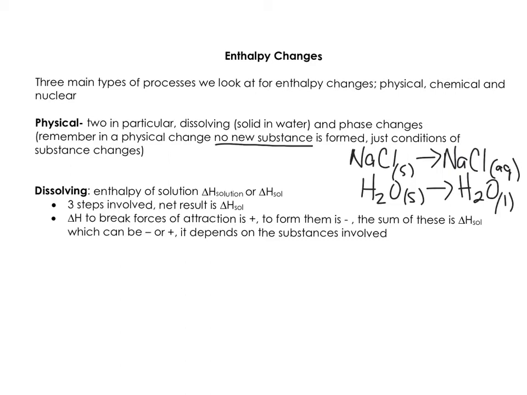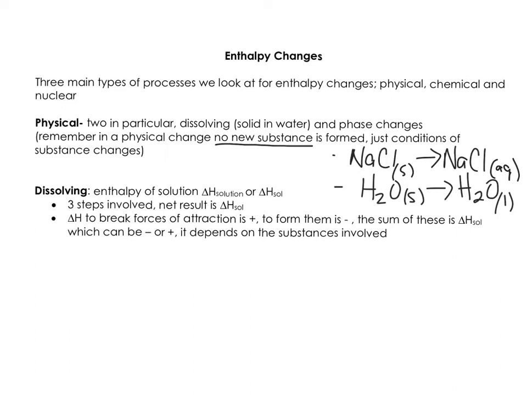So the first example here with sodium chloride is an example of dissolving. And then the second one, with the ice, is an example of phase change. You're changing the state of a compound. You are not changing the actual compound's chemical properties, you're just changing its physical properties.